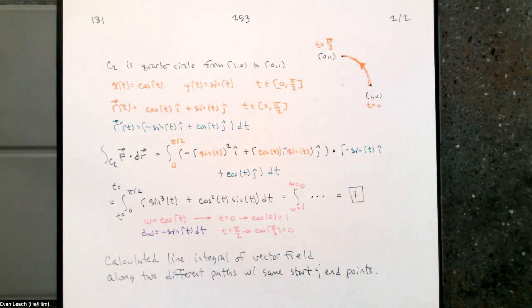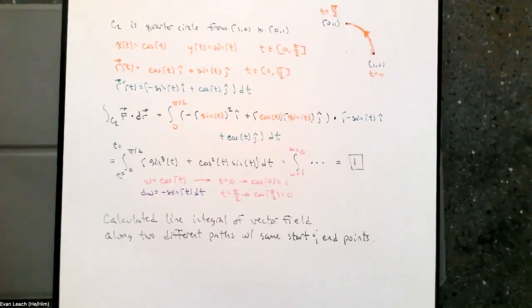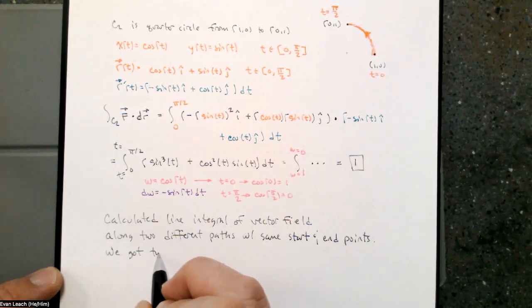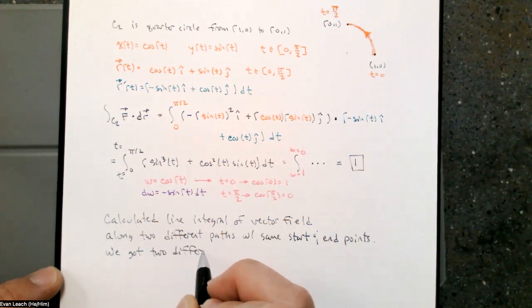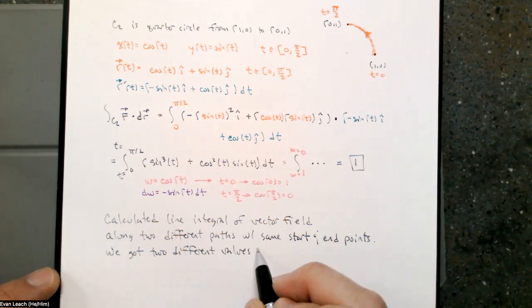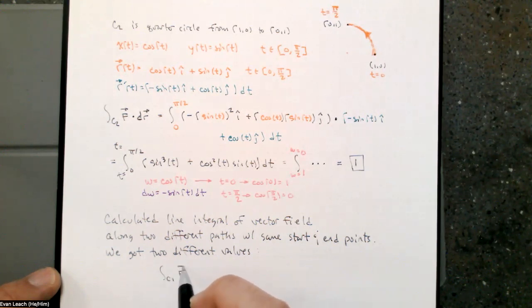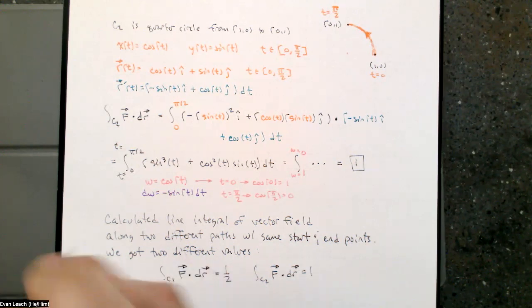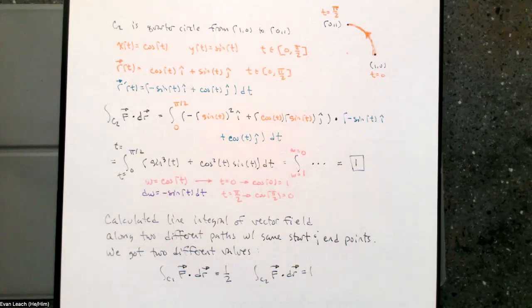We ended up with two different values. The integral over C1 was 1/2, and the integral over C2 was 1. So we ended up with two different values.